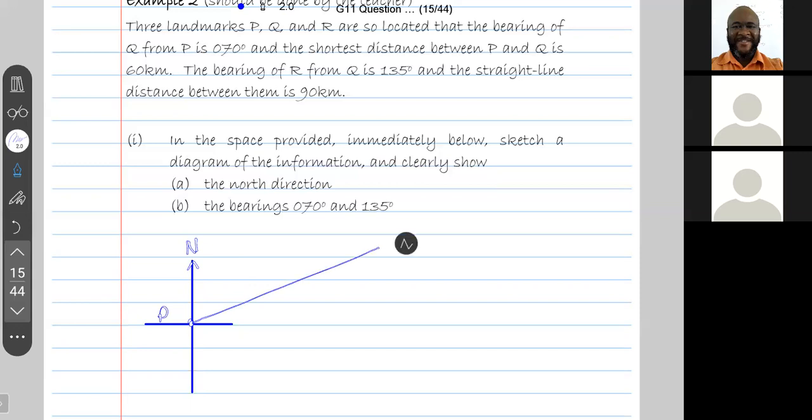So the bearing of Q from P is 70 degrees. So the angle here is 70 degrees.